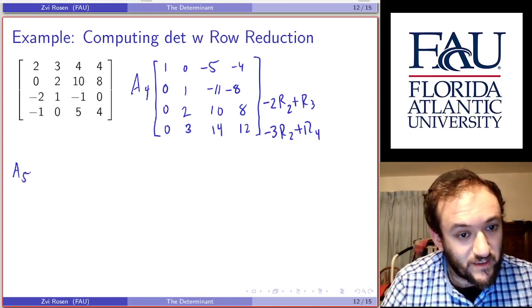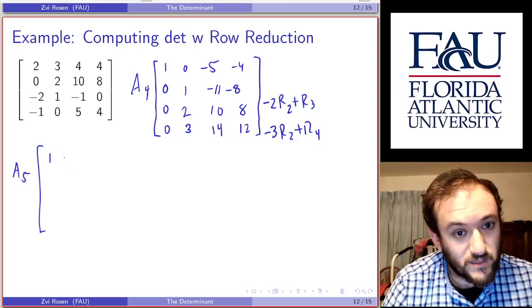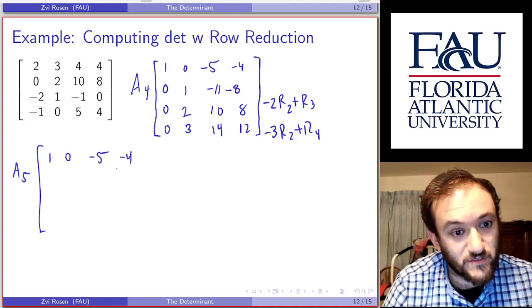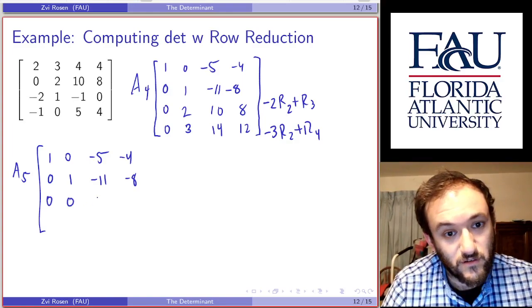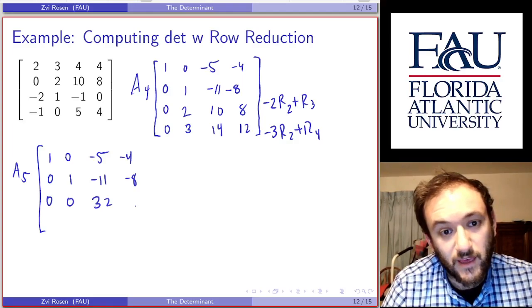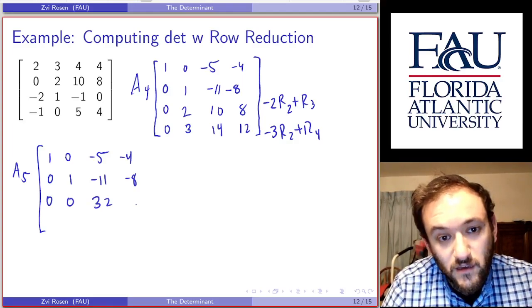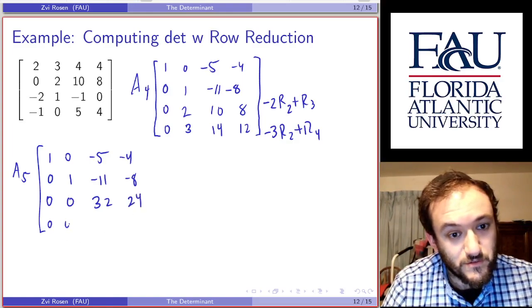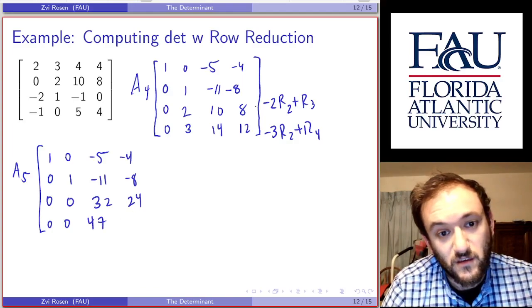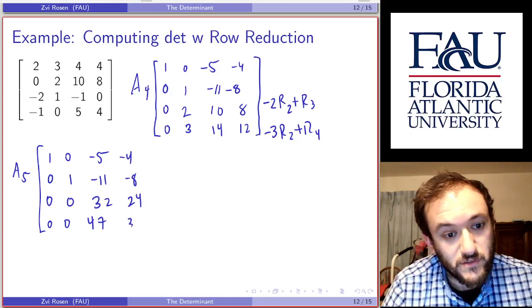We have A5, which becomes 1, 0, -5, -4, 0, 1, -11, -8, and 0, 0, 32, 24, and 0, 0, 47, 36.